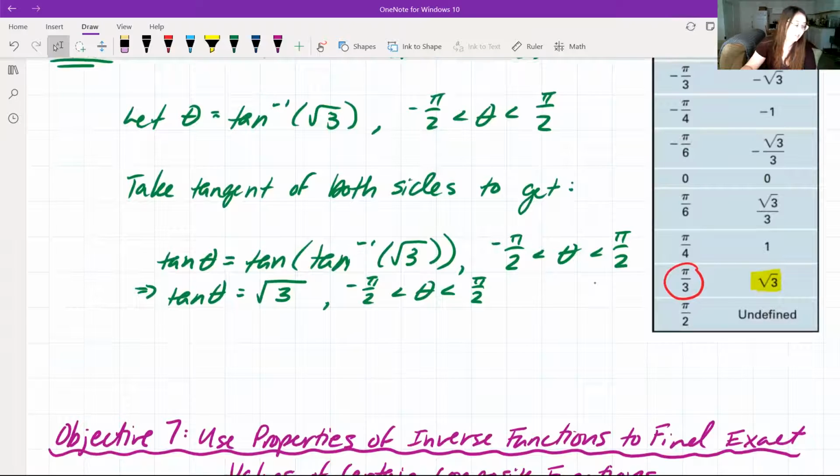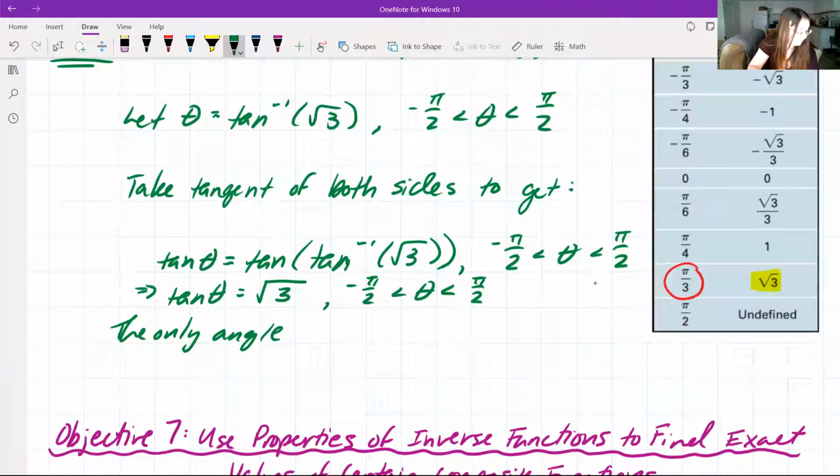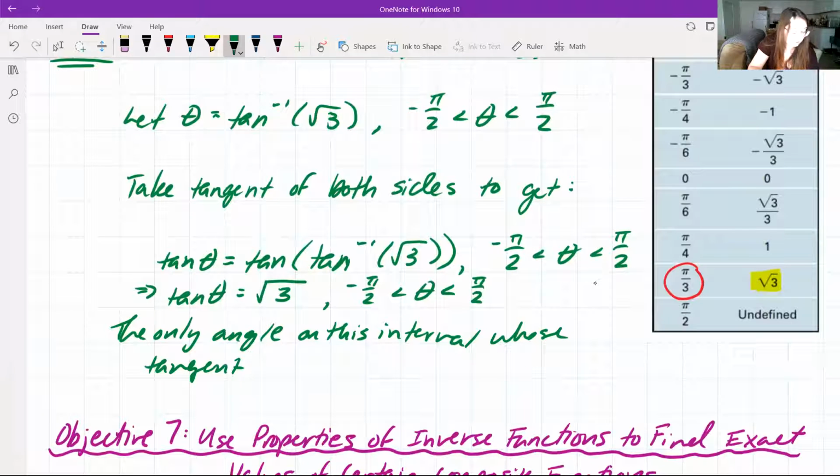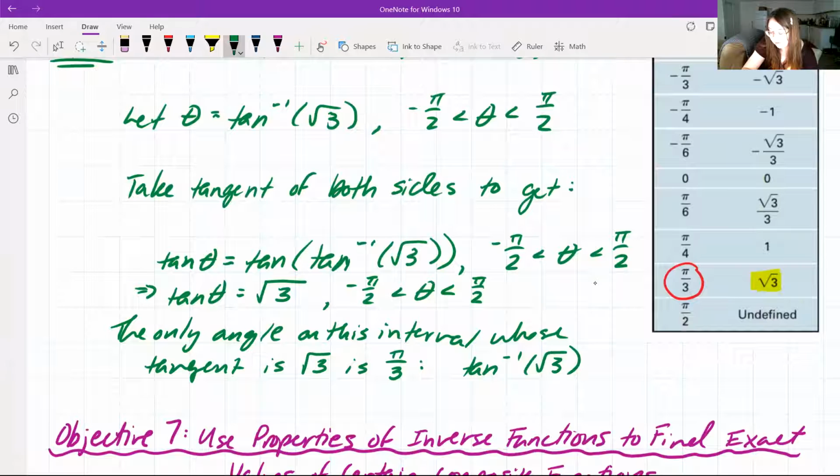So this means that the only angle on this interval whose tangent is square root of 3 is pi over 3, which means that tangent inverse of the square root of 3 is equal to pi over 3.